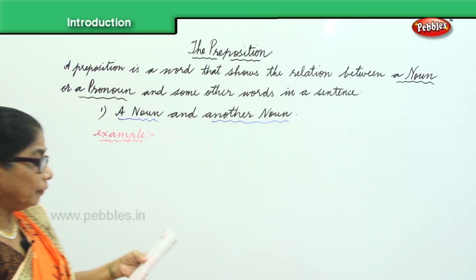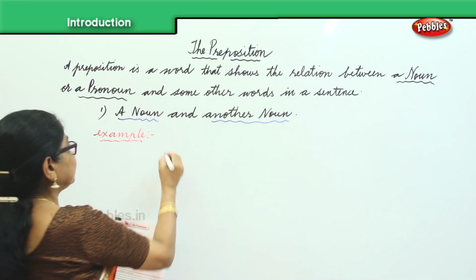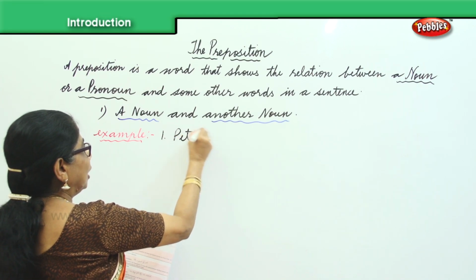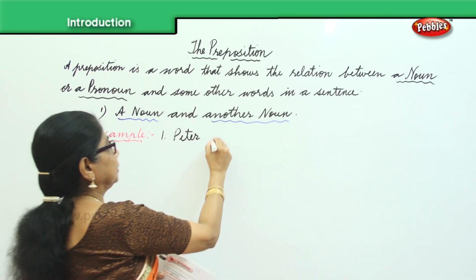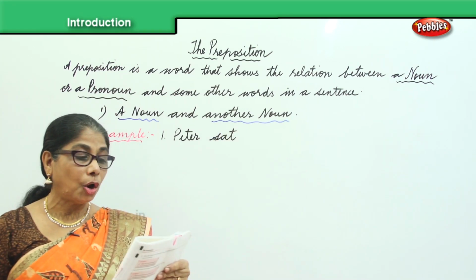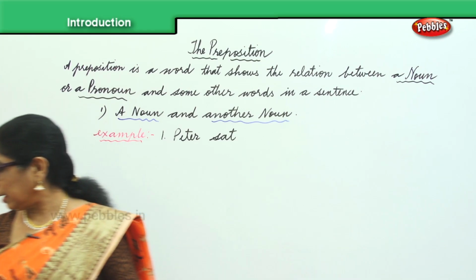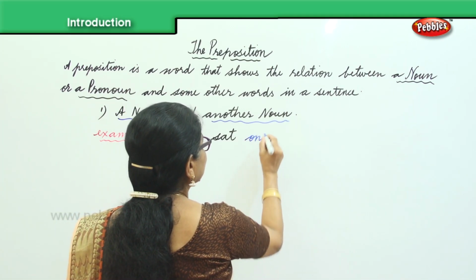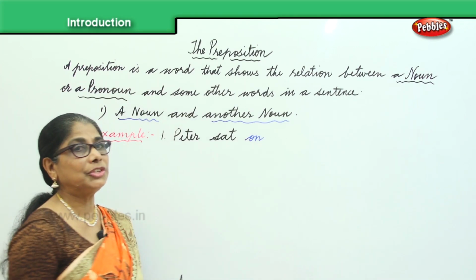Now the preposition can show relation between a noun and another noun. For example, Peter. Peter is a noun, no? Peter sat on the ground. On is the preposition.